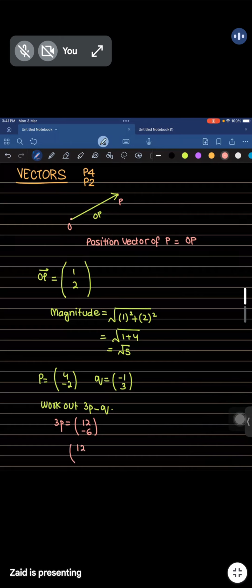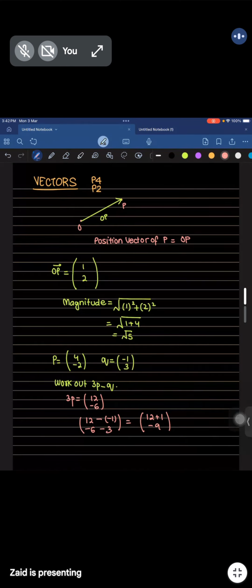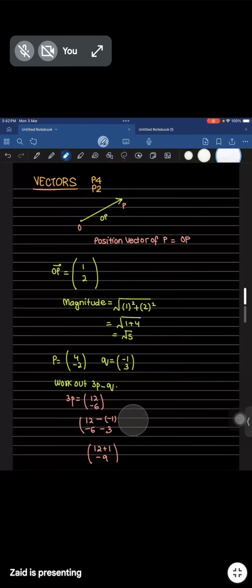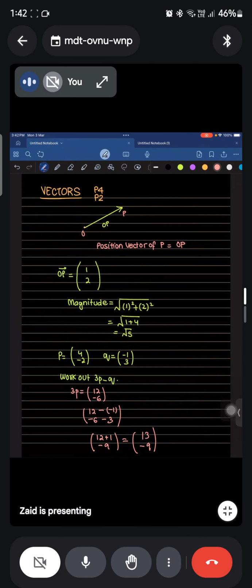So 3P minus every member of Q: minus minus becomes plus, so 12 plus 1 is 13, and 6 minus 3 is 3. For the final answer, you're not going to put the equals sign like this, you're going to write it down below. Is this clear to all of you? Yes, sir.